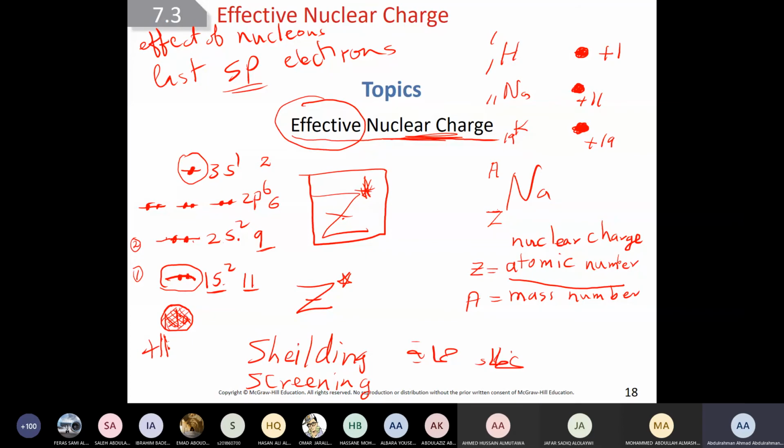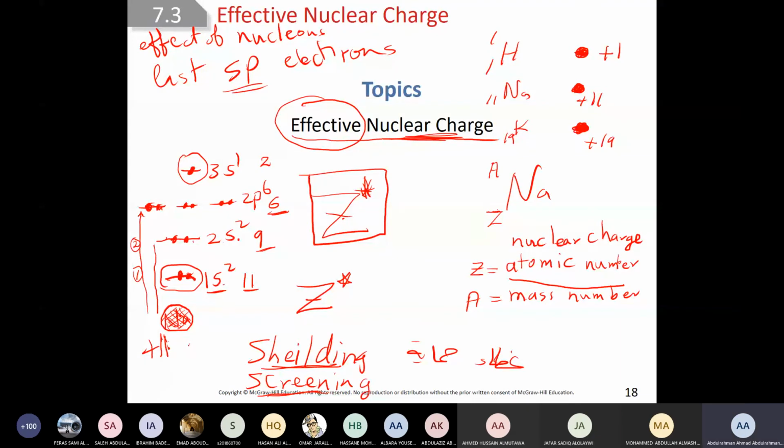Why? Because they are further away, and also because these electrons are doing what? Shielding or screening. Is this clear? Okay, how about these electrons? Maybe the power of the nucleus will be only 6. Why? Because again, these electrons are shielding and it's further away.